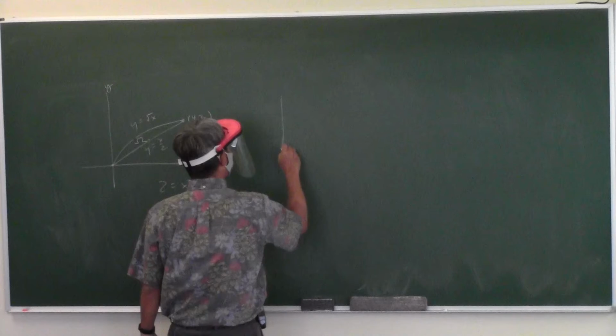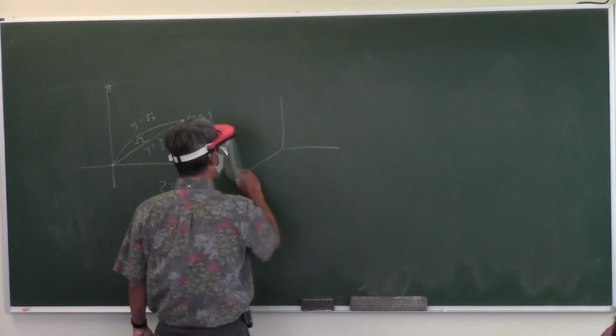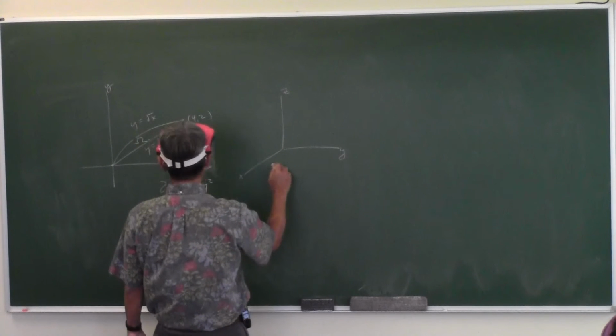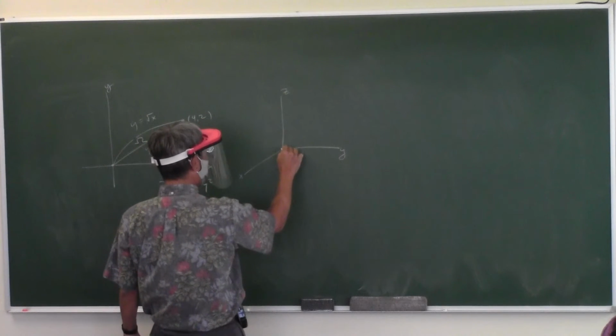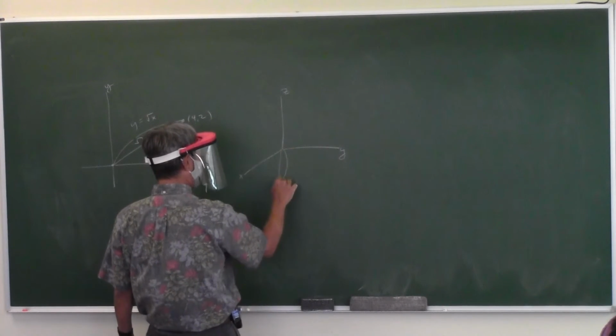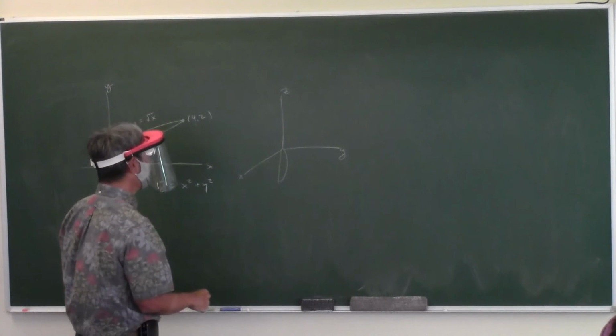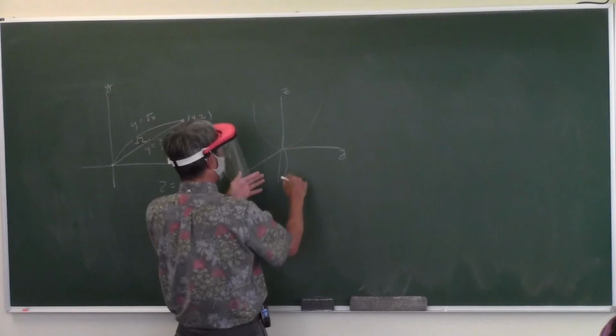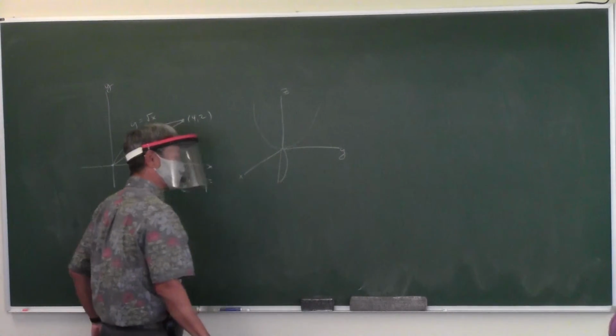I'll try drawing a three-dimensional picture. In the xy plane, you have y equals root x and y equals x over 2. That's pretty ugly. And then on the top, you have this paraboloid. So that's a terrible picture.